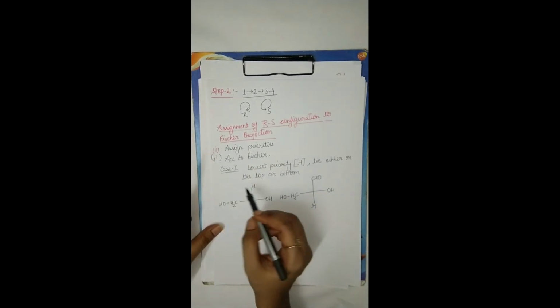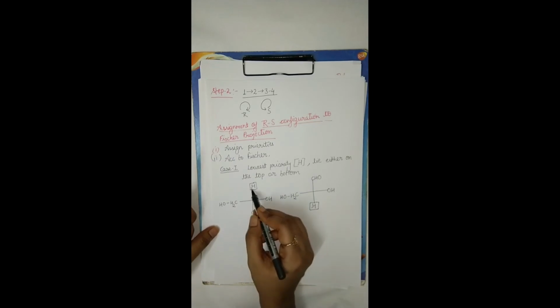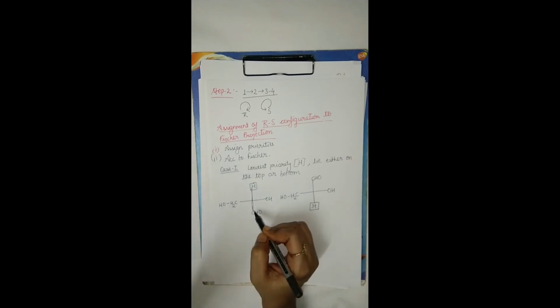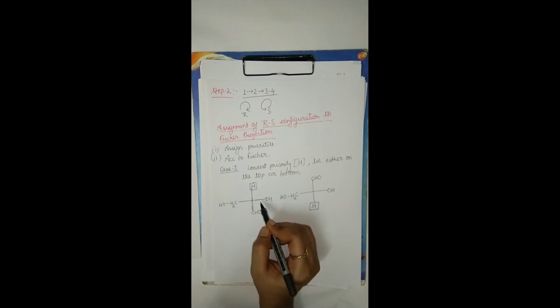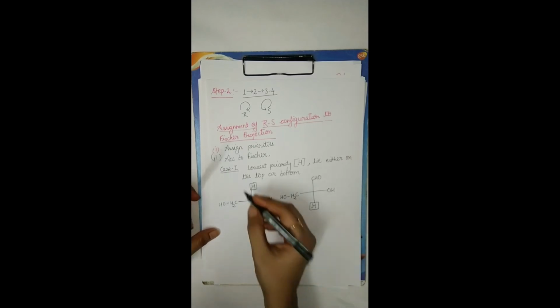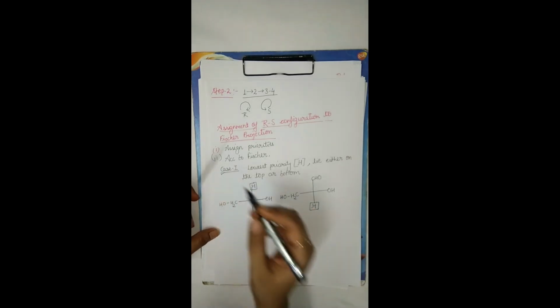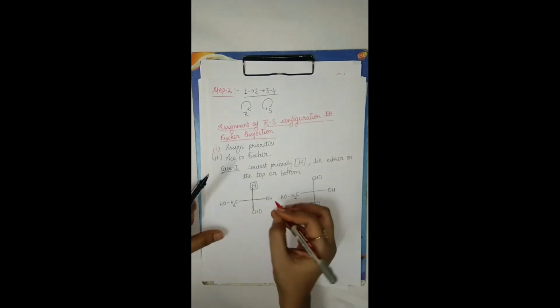If in case 1 H lies either on the top or on the bottom, there will be no change, no rotation of the bond. These are the vertical bonds, which are away from our eye, and these horizontal bonds are very close to the eye. Then what will happen?